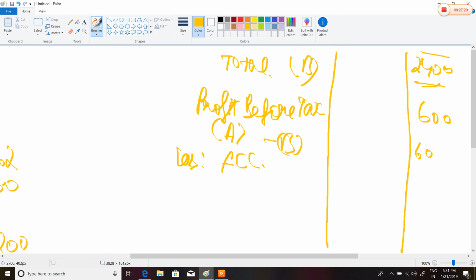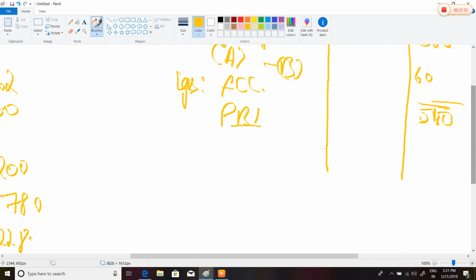So we'll write here profit before the tax, again PBT, 540. They said that it is for income tax purpose. We will do it in income tax, PGBP. A full fresh topic is there for the computation of income.